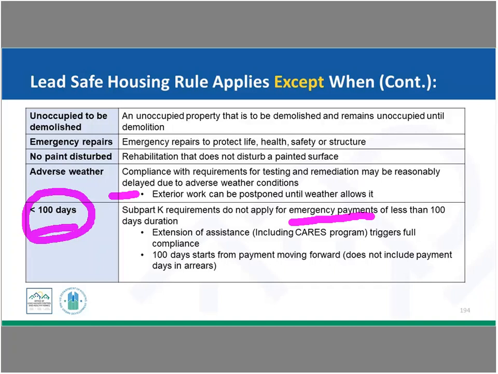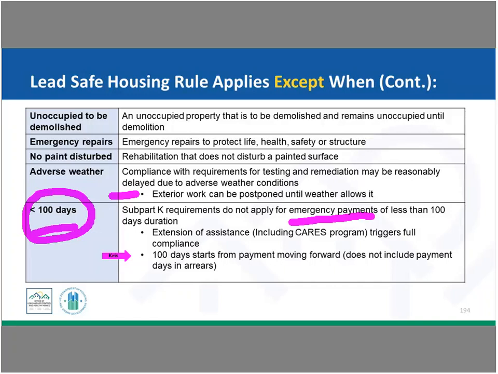We had a lot of questions at our last training about, when does this 100 days start? Well, we finally got clarification, and the 100 days starts from the payment moving forward. So the 100 days does not include payment of arrears.